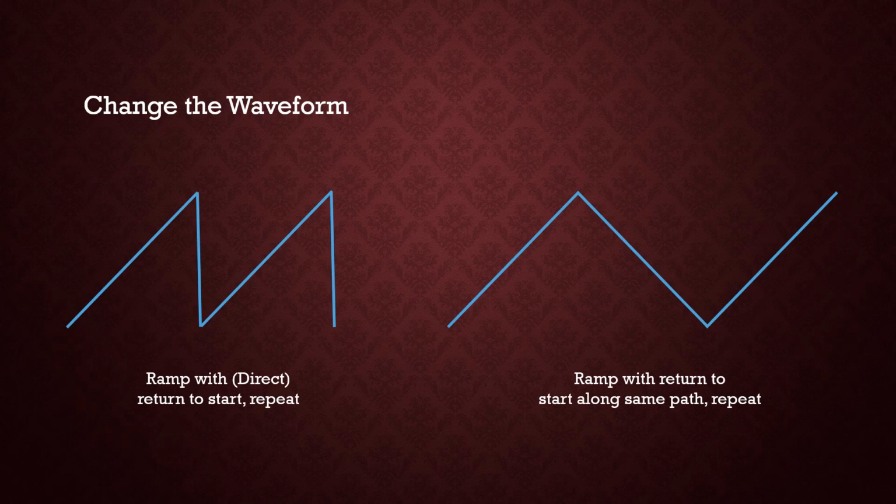I have here two waveforms, and these are going to be the nature of the experiment. On the left, I have a ramp with a direct return to the starting point. This is a special kind of sawtooth, and this would correspond to a typical polarograph or single direction, simple voltammetry experiment, single wave. Again, time is the x-axis, and I've got two waveforms or two repeated experiments side by side on the left.